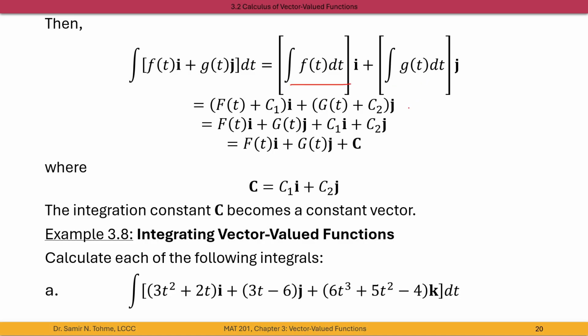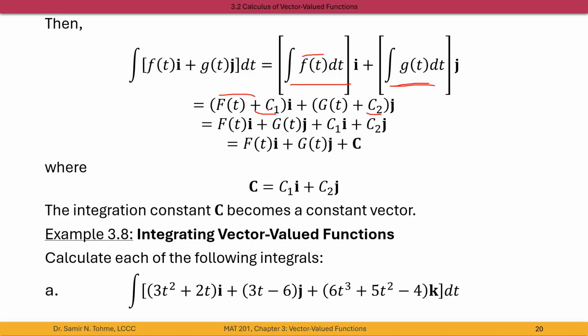So when you're doing this integration, let's say you got the antiderivative F of f, and you add a constant of integration over here, C1. And this is also the case when you're doing the integration of the other real function. You're going to add another constant after the integration, C2.